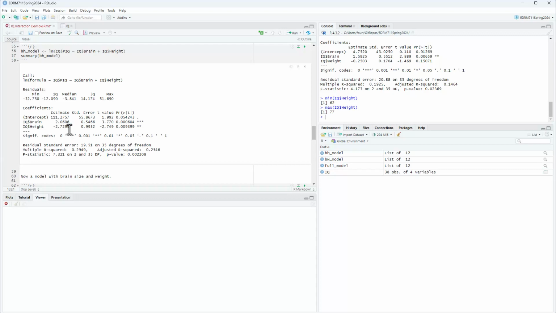And that is on average, and that is controlling for height. Always got to say those things. So on average, an increase in 2 IQ points after controlling for height.